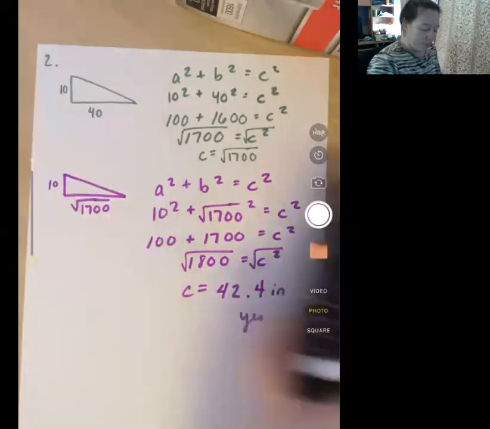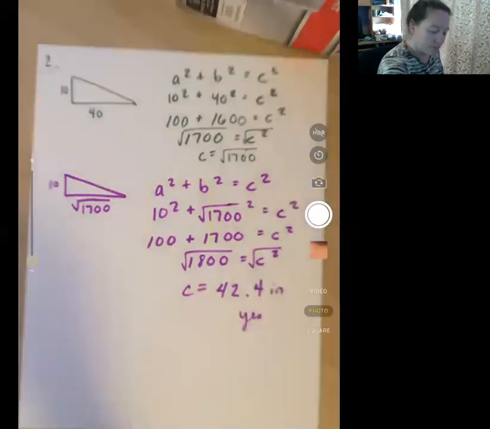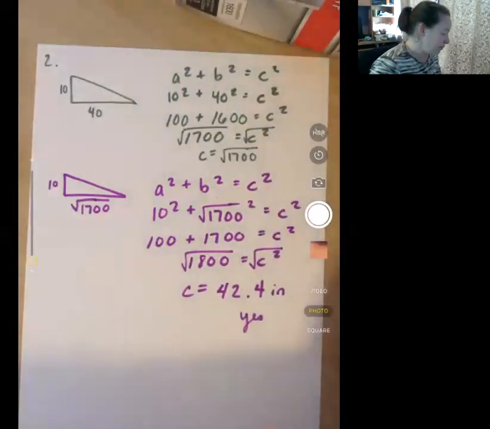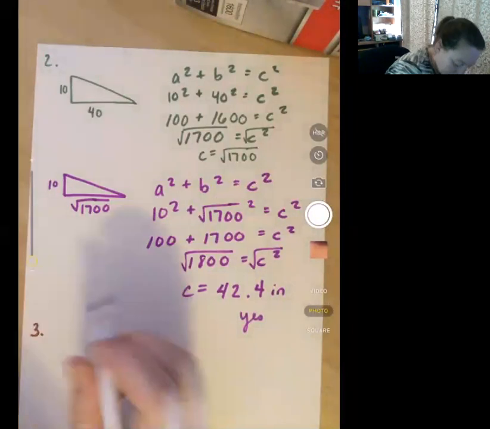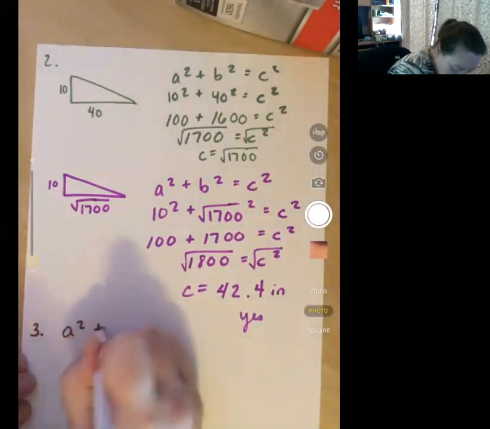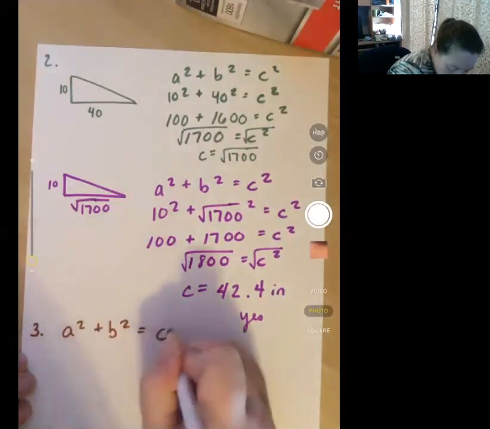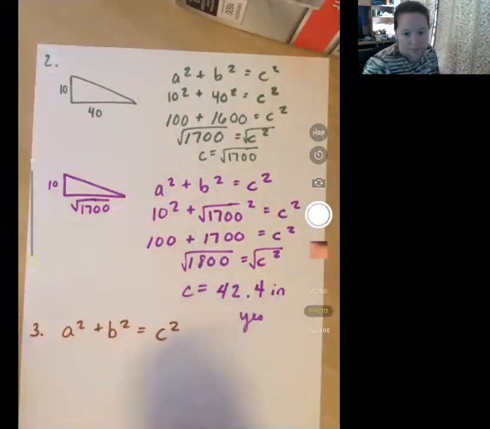Number 3. State the Pythagorean theorem and tell how you use it to solve problems. A squared plus b squared is equal to c squared.